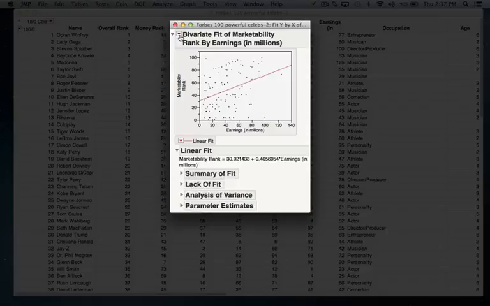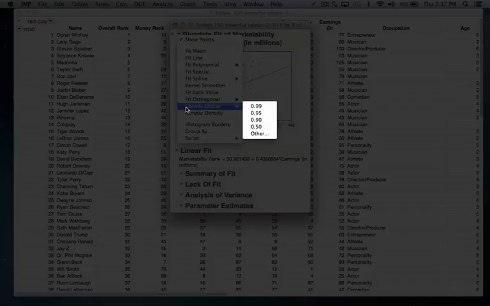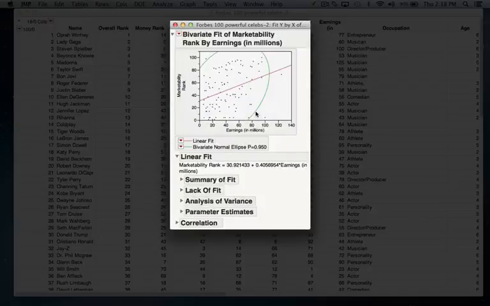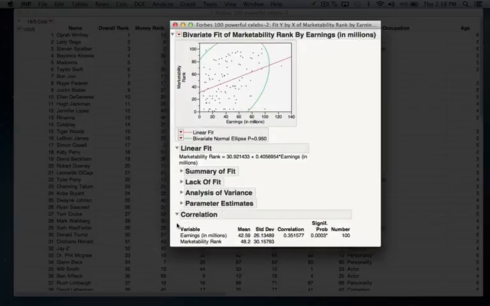And then we can go back up here, and we're going to use something called a density ellipse. And so we're going to go 95 density ellipse. So that has about 95% of the data within that density ellipse. And you'll notice if you look at the bottom of your screen, it also gives us the correlation. So if you click that triangle, it'll give us the correlation right here.